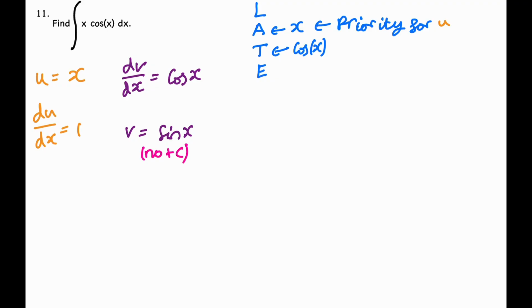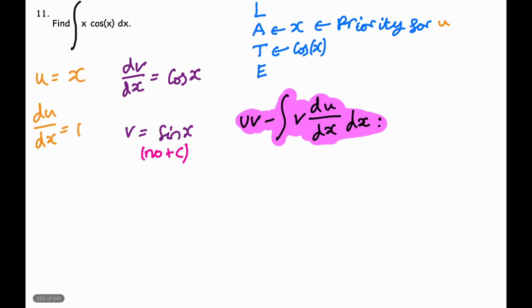I've written down the formula, and now all we have to do is substitute these values into it. So we multiply u, which is our x, times v, which is our sin x, take away a new integral of our v, which was sin x, times du over dx, which is 1, but 1 times sin x is just sin x, so I left it like this.